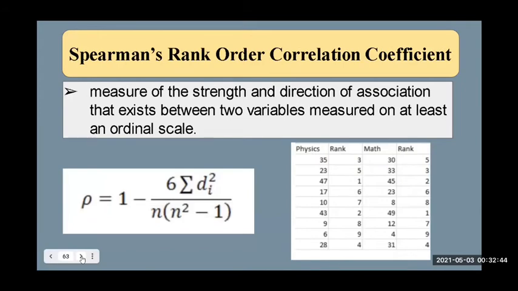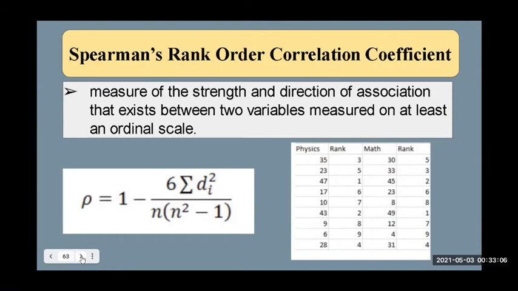Now let's have the Spearman's rank order correlation coefficient. What is the Spearman's rank order correlation coefficient? It measures the strength and direction of association that exists between two variables measured on at least an ordinal scale.